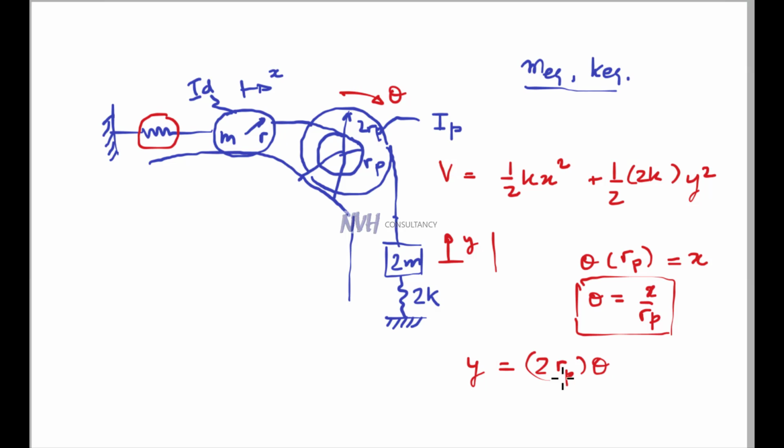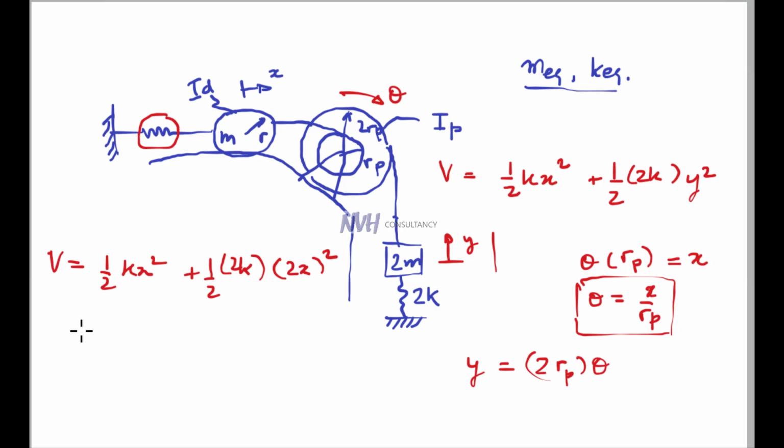Okay, so let's find V now. V is then equal to half k x square plus half times 2k times y square. So y is equal to 2x, and that gives 2x whole square.